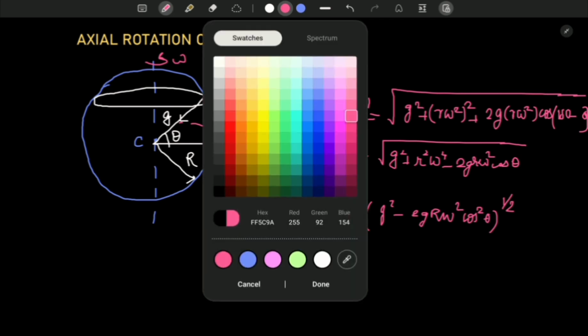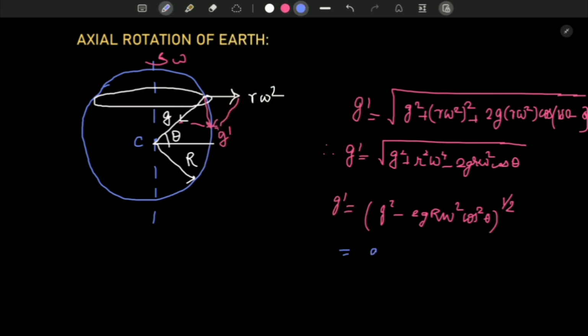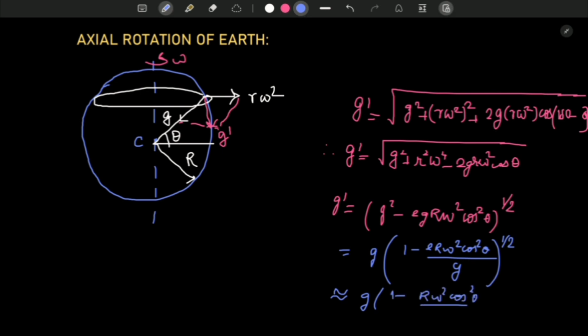So this can be written as g (1 minus 2r omega square cos square theta divided by g) to the power 1 by 2. Again, using binomial expansion, I can write it as g (1 minus r omega square cos square theta by g).